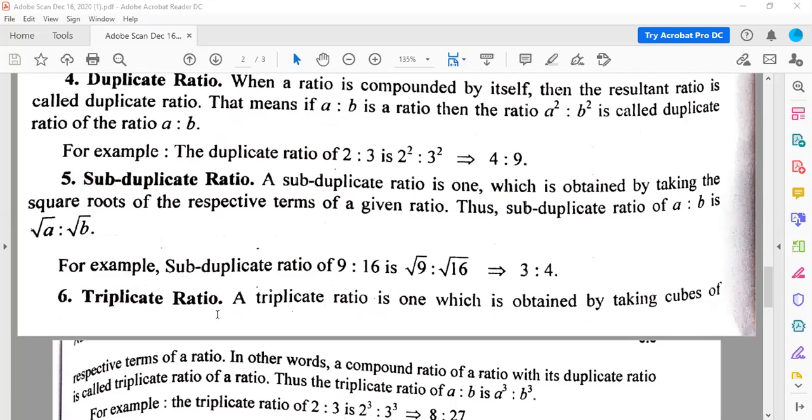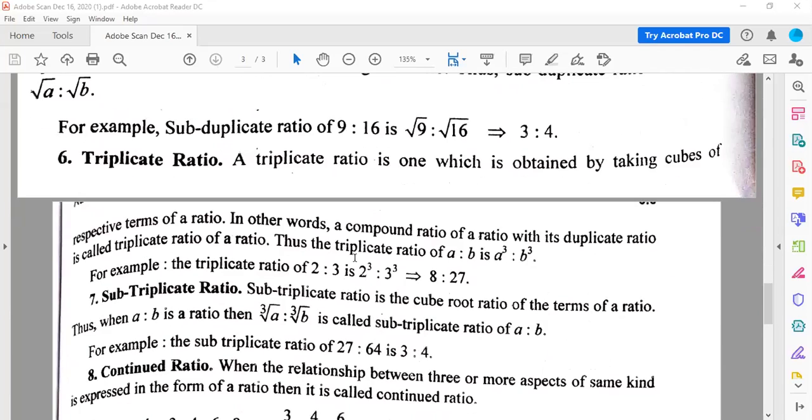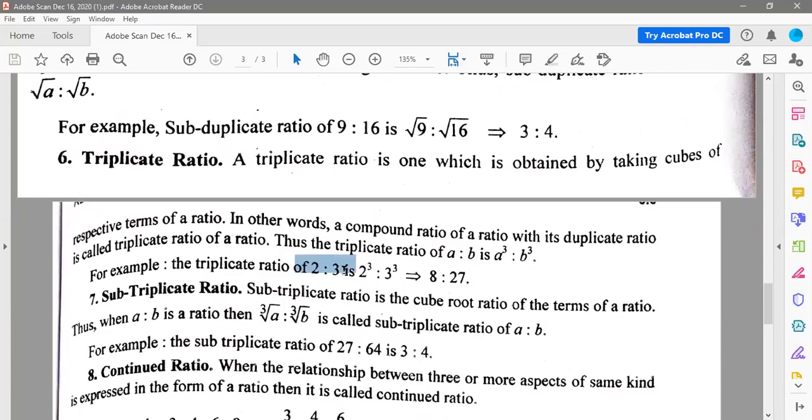When it comes to triplicate ratio, whenever you cube the ratios, that is called triplicate ratio. And subtriplicate, you have to find the cube root. Whenever you see sub, it is the root: for subduplicate it will be the square root, and for subtriplicate it will be the cube root.